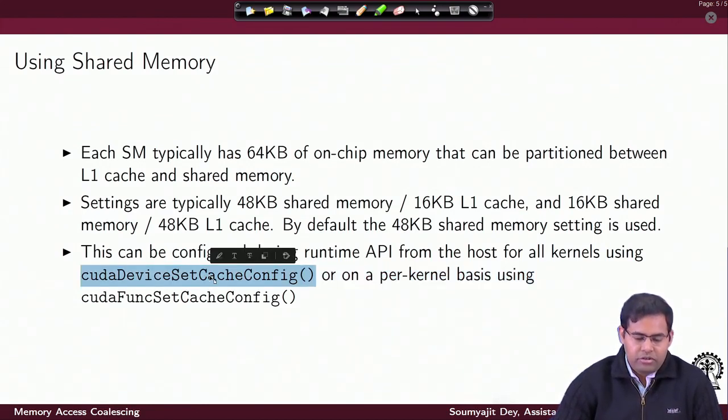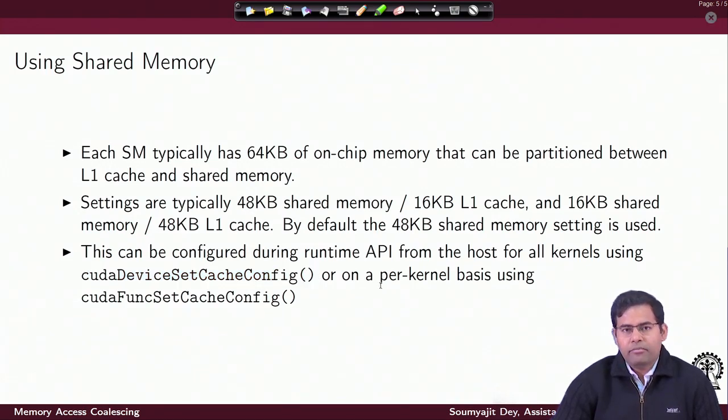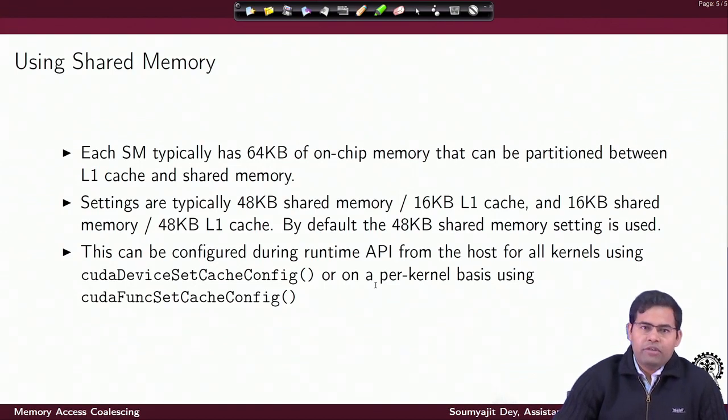This is the function which will take care of configuring the shared memory. You can look into the NVIDIA manuals online to figure out the parameters for this. Or I can also do it on a per-kernel basis, that means in the host code for one kernel, I can configure the shared memory and the L1 cache in one way, and for the next kernel I can configure it in a different way.